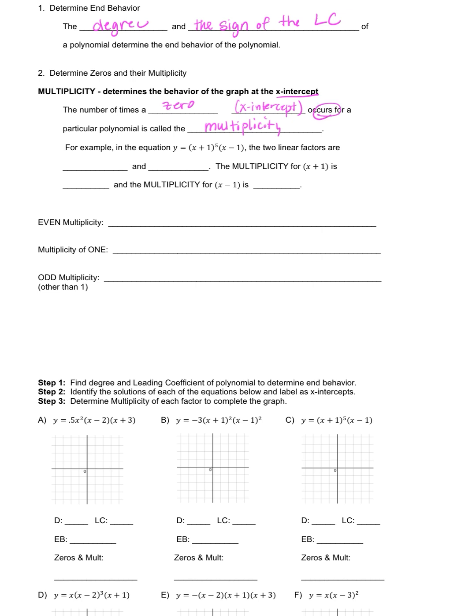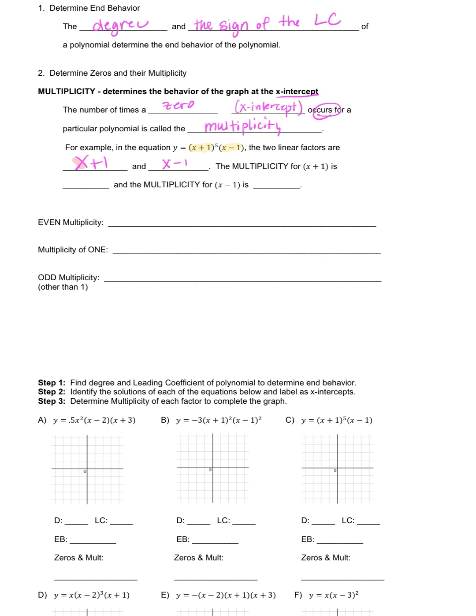For example, in the equation y equals (x plus 1) to the fifth times (x minus 1), we have two linear factors. These are linear factors because they have x to the first power. The first one is x plus 1, and the other one is the linear factor x minus 1.